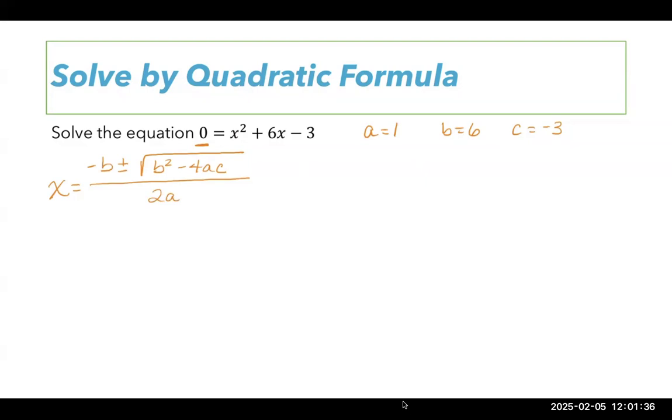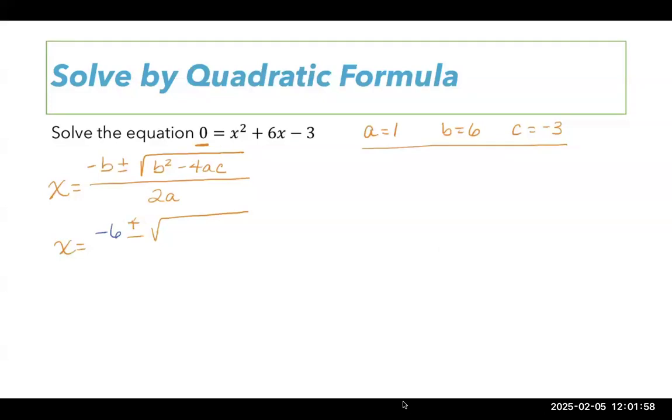Okay, so if we substitute our A, B, and C values into this formula, the opposite of B will be a negative 6. Then we have plus or minus the square root.